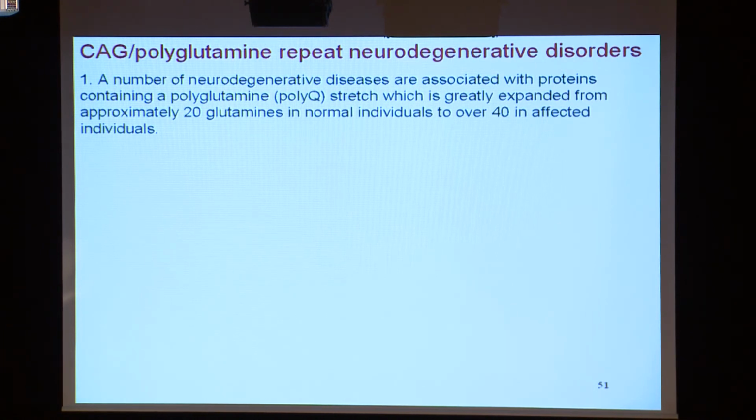we also showed that 14-3-3 proteins are involved in a number of diseases, the so-called polyglutamine repeat diseases.